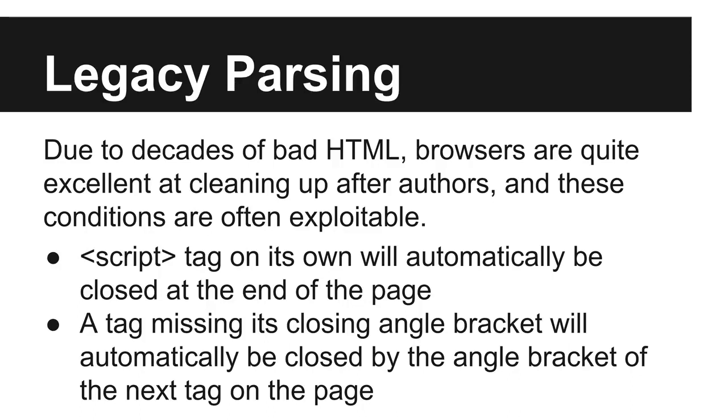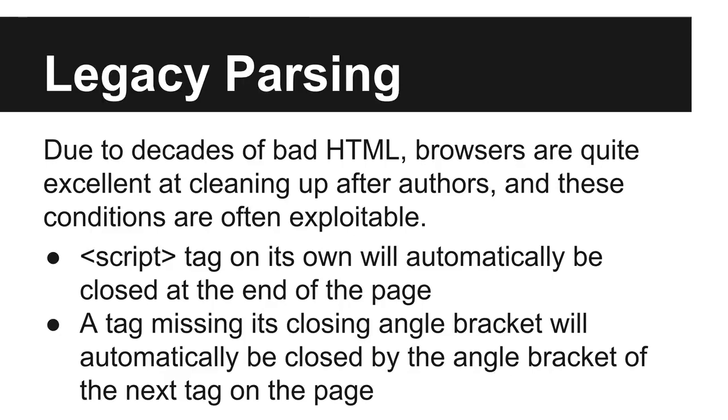In addition, a tag that's missing its closing angle bracket will usually be automatically closed by the angle bracket of the next tag. It will end up with a lot of irrelevant attributes and some funkiness in there, but having an open angle bracket inside of another tag is valid according to most browsers. And this again can throw off things like web app firewalls.